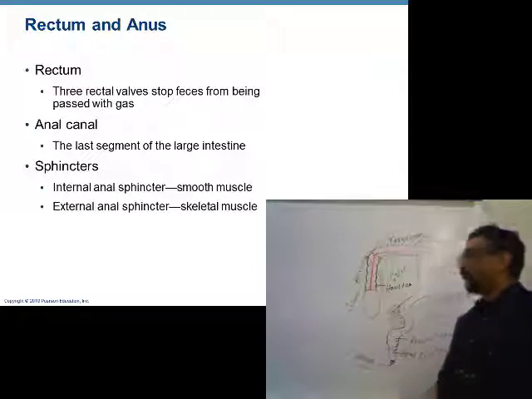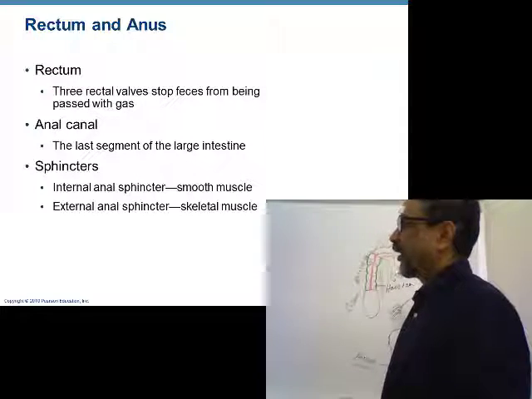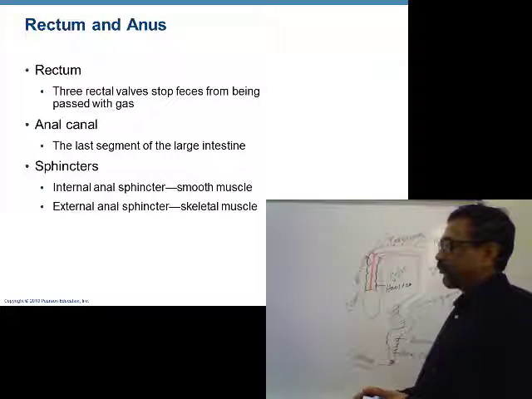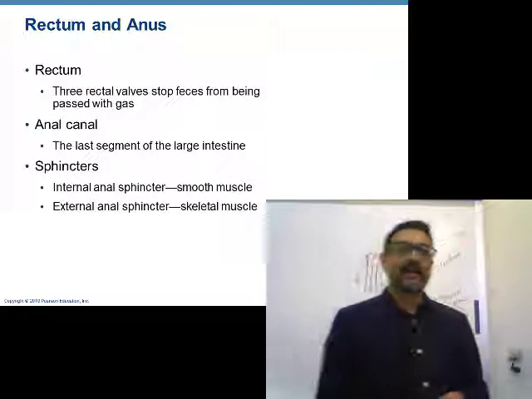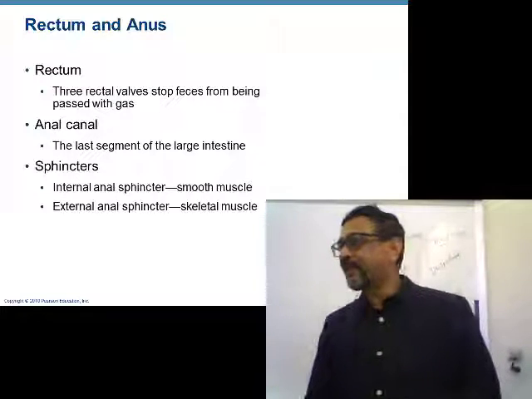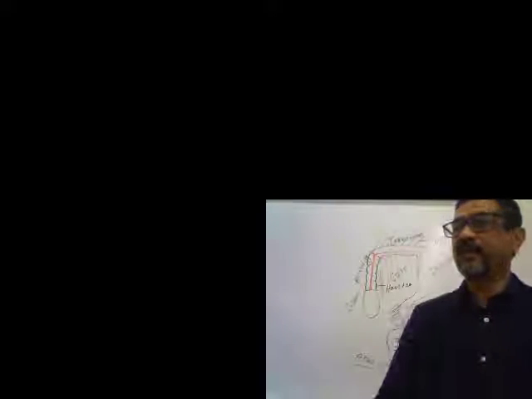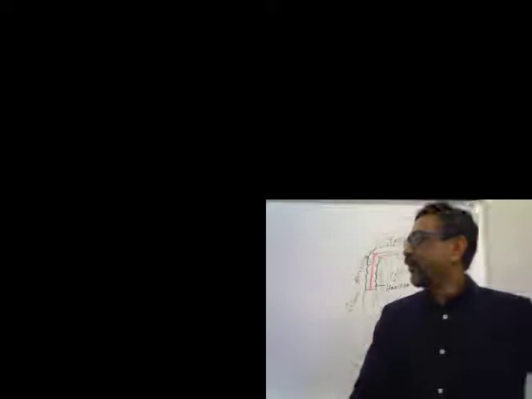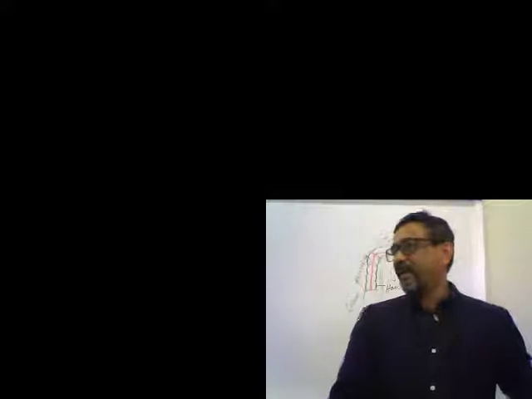Anal canal is the last part of the large intestine, and there are two sphincters in the anal canal. So three valves in rectum and two sphincters in the anal canal: internal anal sphincter and external anal sphincter.